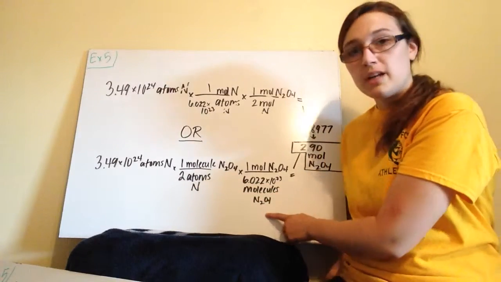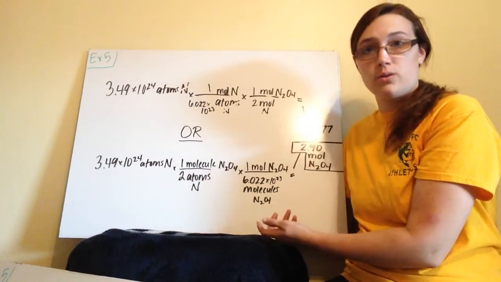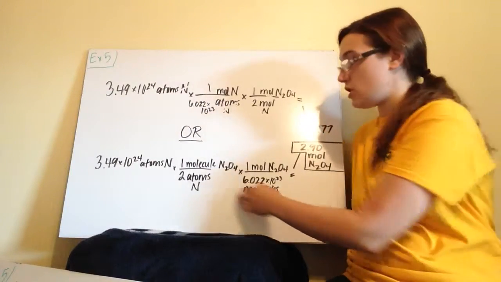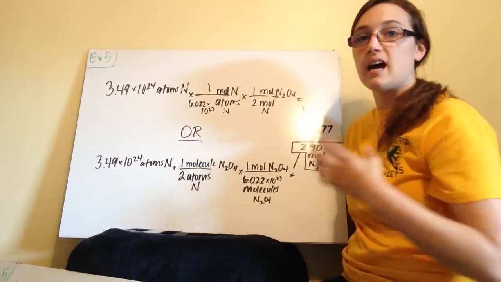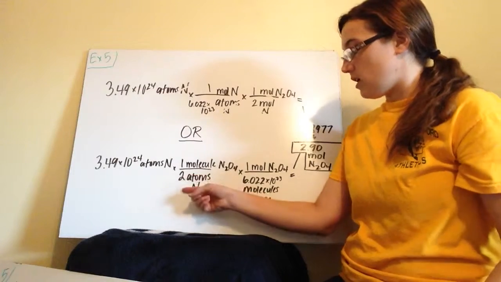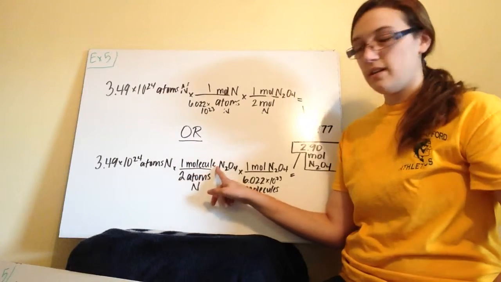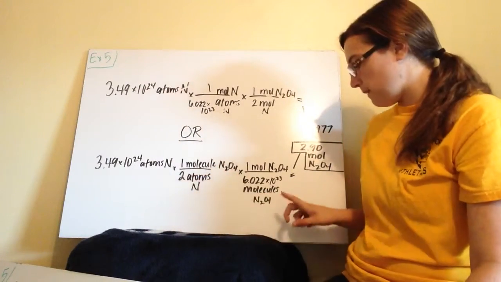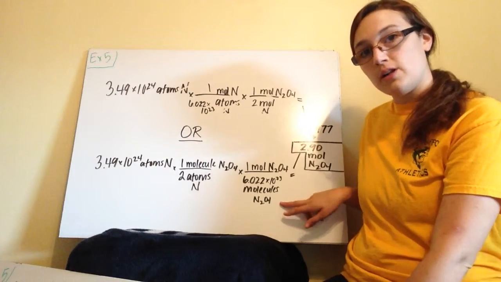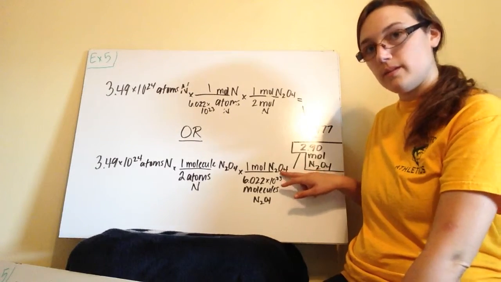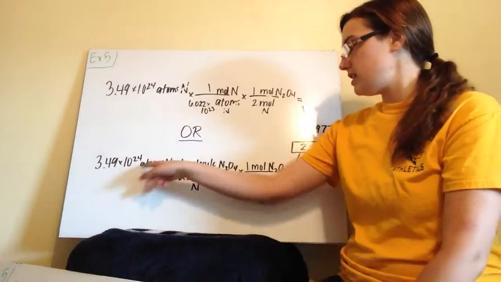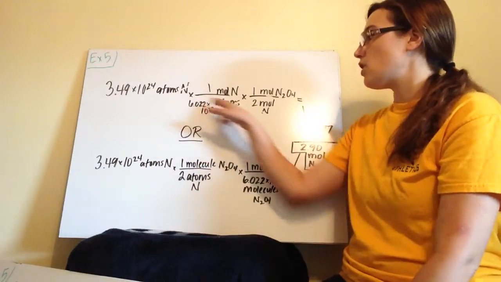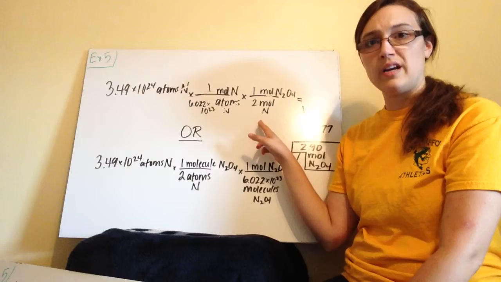Then I'm going to use Avogadro's number with molecules and go to moles. So I have 2 atoms of nitrogen and 1 molecule of N2O4. I have Avogadro's number of molecules in 1 mole of N2O4. Notice the numbers that you're multiplying are the same as the first way to do this.